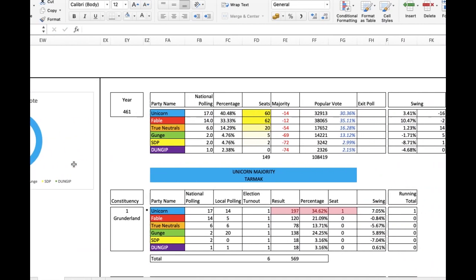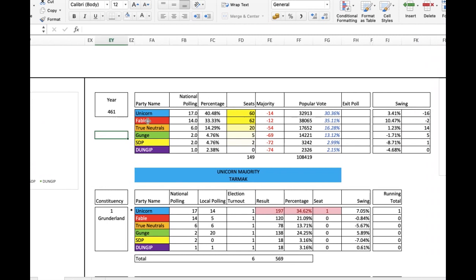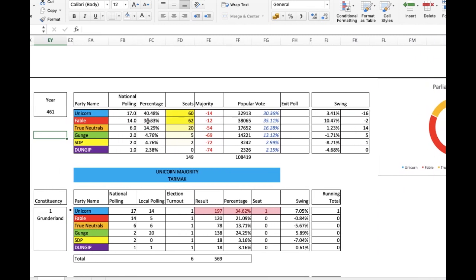So let's have a look at year 461, which is the year of the campaign trail story that we will be experiencing. As you can see, Unicorn have plus 17, Fable plus 14, True Neutral 6, Gunge and SDP both on 2, Dungip on 1.